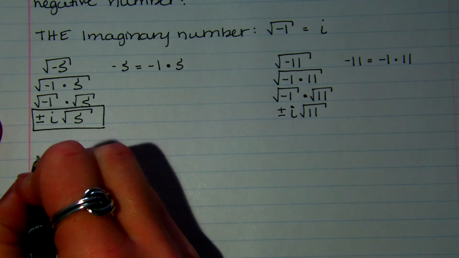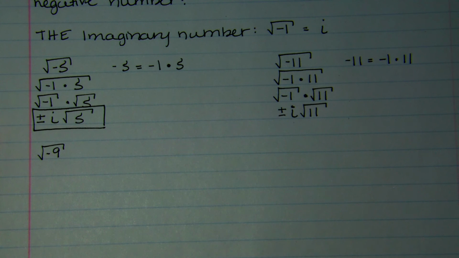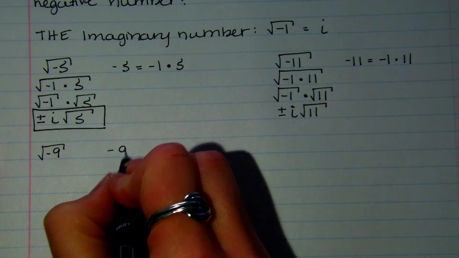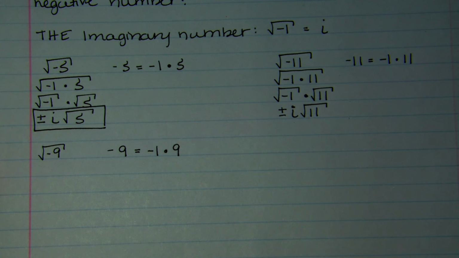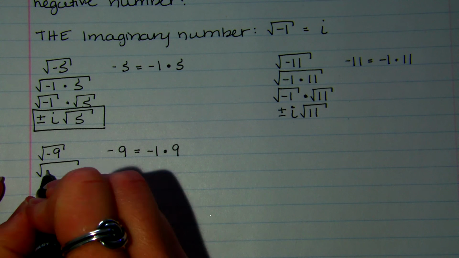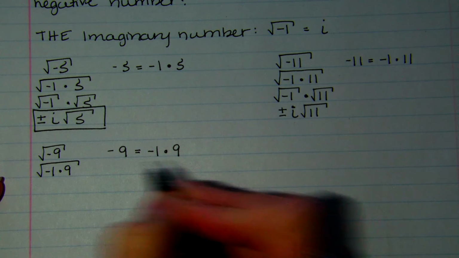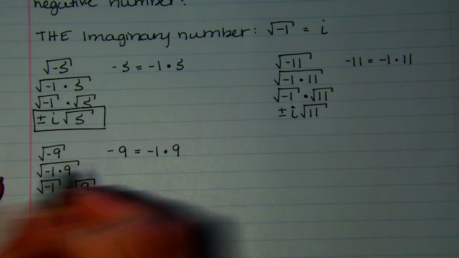If I have the square root of negative 9, before we'd have to say, I can't take the square root of a negative number. But now I can say, hey, negative 9 is equal to negative 1 times 9. And so I can break that apart to the square root of negative 1 times 9, which is the square root of negative 1 times the square root of 9.